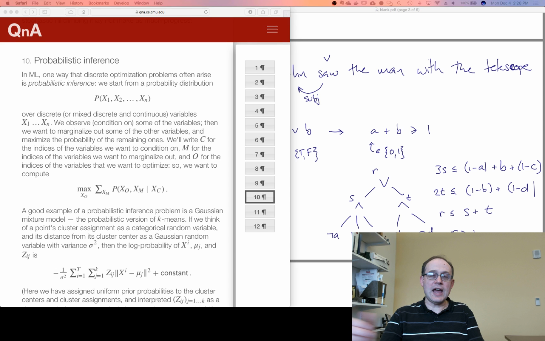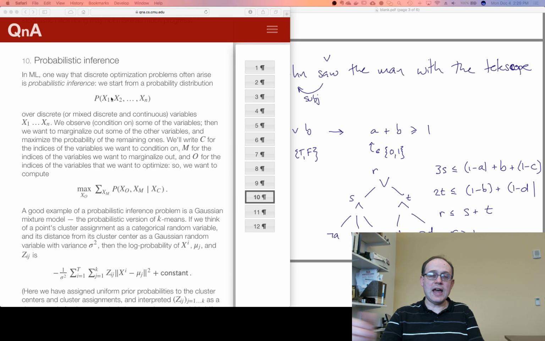So let's talk about probabilistic inference. One of the ways that a discrete optimization problem often arises is a probabilistic inference question, which means that you start with a probability distribution over a lot of variables. Some of those variables could be discrete, other ones could be continuous.